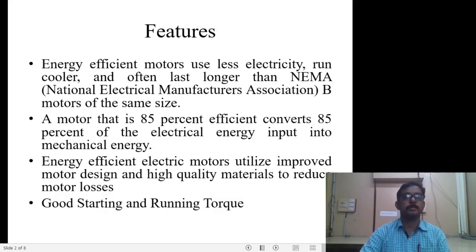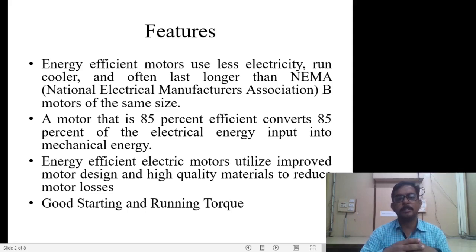Features of the energy efficient motors are as follows. These use less electricity, and run smoother and longer than the motors designed by NEMA. Running smoother indicates that it will start easily, stop easily, and its speed control is very smooth as compared to the normal induction motor.